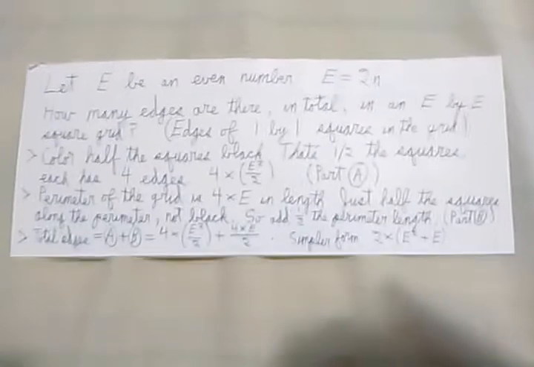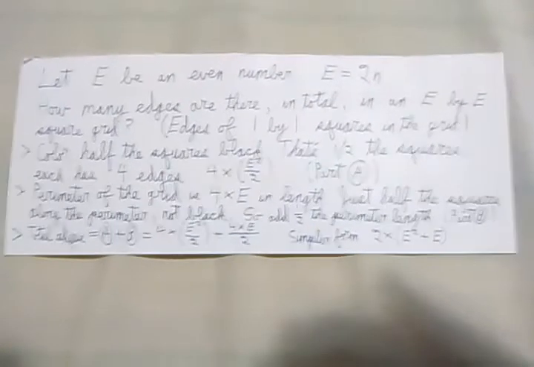There are other neat short ways of doing it, but I like this one. And particularly, this gives you an easy way of seeing a general formula, as I indicate in this slide. Let E be an even number.